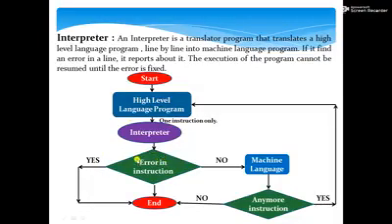If yes, if there is an error in that line, the interpreter stops the process of translation and reports the error so that the programmer can resolve it. And if no, if no error is found in that line, the interpreter translates the line or statement into machine language.